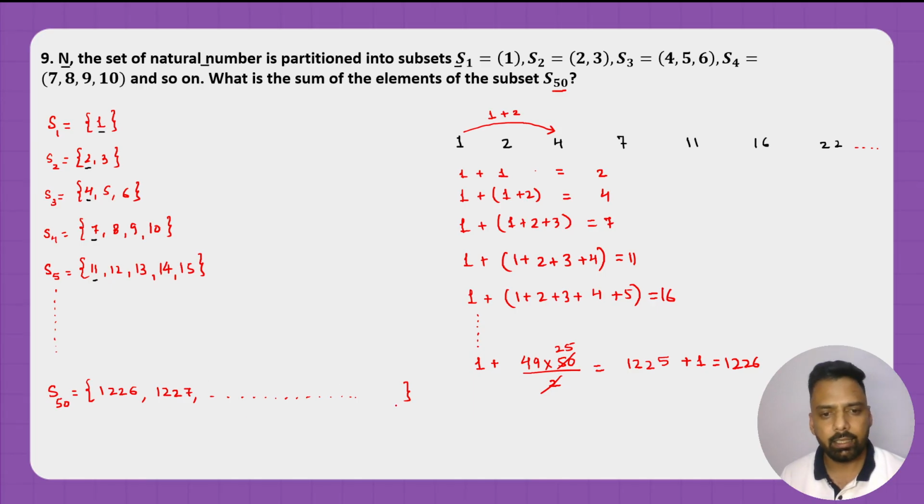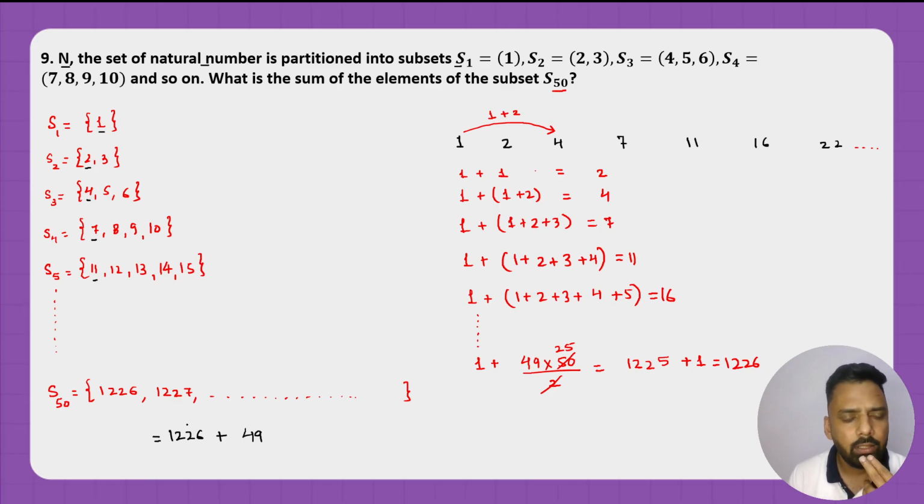राइट नाउ जो अगले 50 नंबर्स हैं उनका सम अपने को निकाल लेना है. तो let's calculate जो 50th टर्म होने वाला है इस सीरीज का using the AP formula. 1226 plus 50 minus 1 which is 49. इस सीरीज का जो 50th टर्म होगा that will be a plus n minus 1 d, d is 1, n is 50, तो 1226 plus 49.